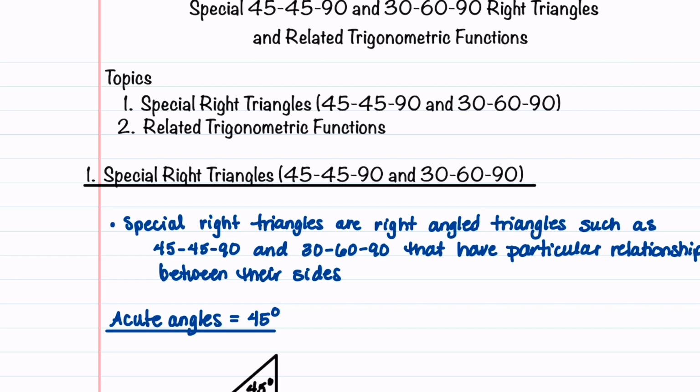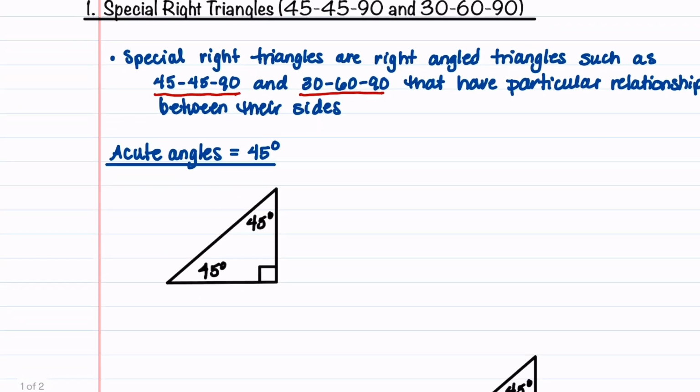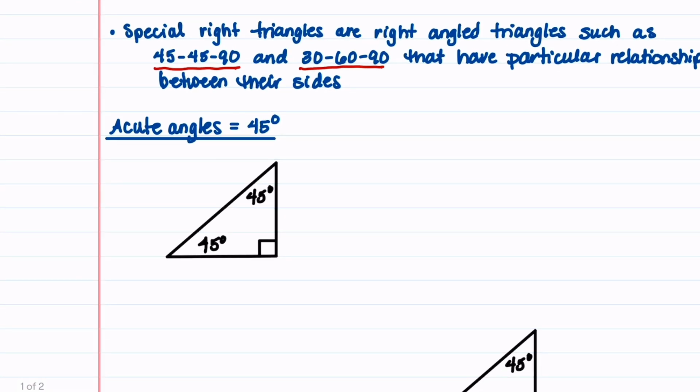Special right triangles are right triangles such as 45-45-90 and 30-60-90 that have particular relationships between their sides. Let's look at a triangle where the acute angles are each 45 degrees.